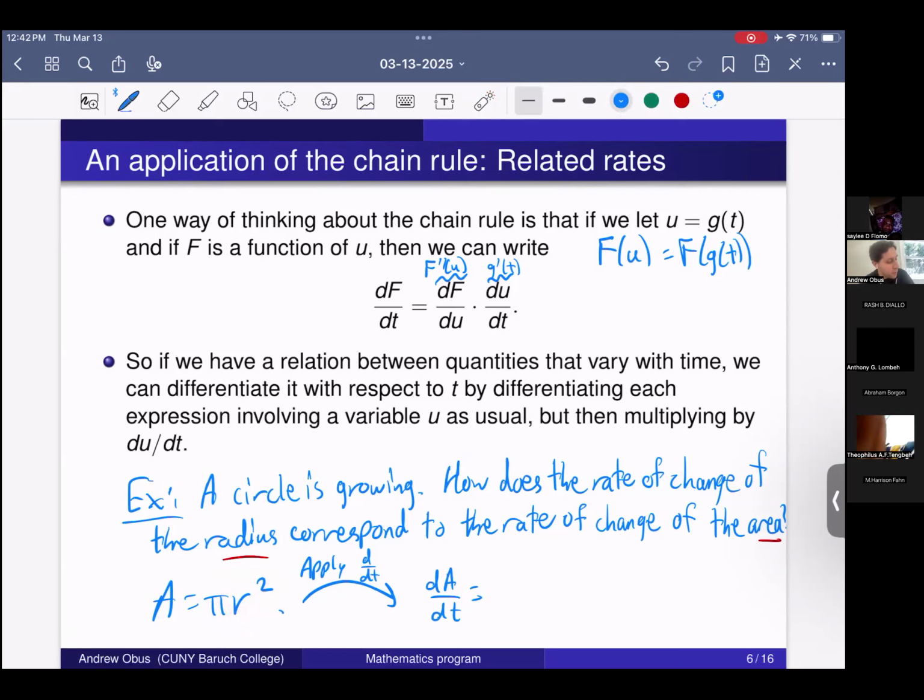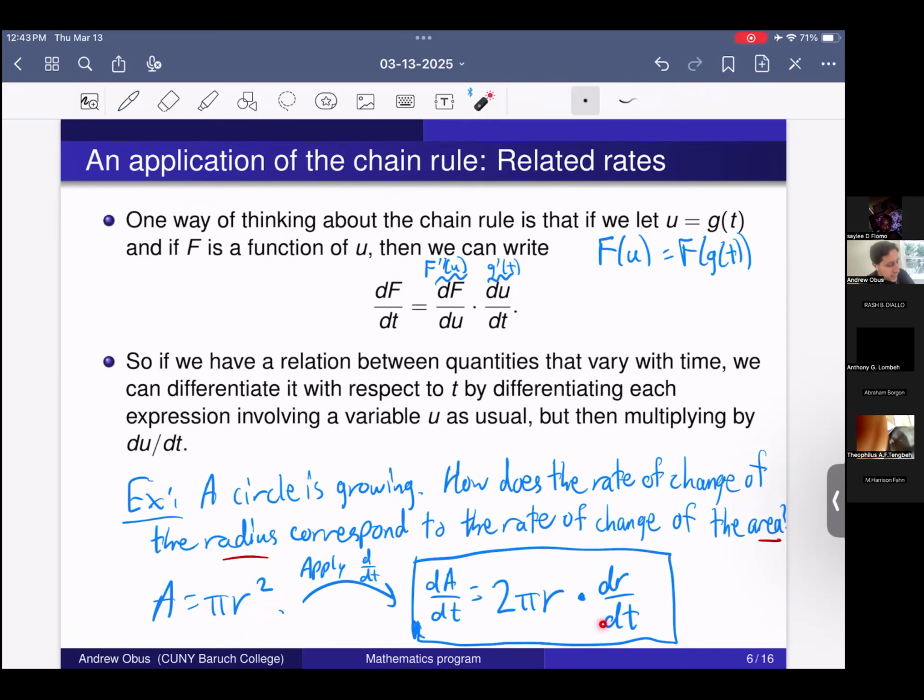So this just becomes 2 pi r, and then you multiply it by the derivative of r with respect to t, so this is times dr/dt. Okay? So this is the formula that relates the rate of change of the radius to the rate of change of area. So if the radius is increasing at a certain speed, the area is increasing at 2 pi r times that speed. Okay, so this is what we had.